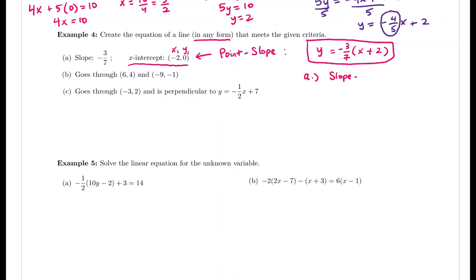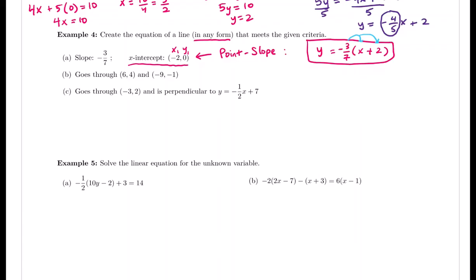If I wanted to convert it into slope-intercept form, I would do that by distributing this negative 3/7 into both of those, and that would give me y equals negative 3 over 7x, and negative 3 over 7 times 2 would give me minus 6 over 7. So that would be the answer if we gave our answer in slope-intercept form. I'm going to go ahead and erase that just so we have space for part B and C.